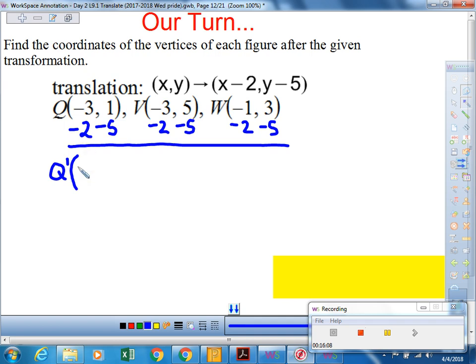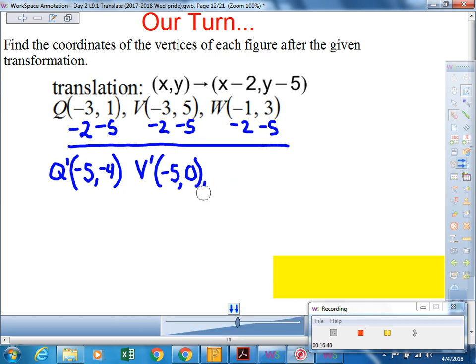Negative 3 and a negative 2 is negative 5. 1 minus 5 is negative 4. There's my new ordered pair. And then V prime, negative 3, negative 2 is negative 5. 5 minus 5, 0.